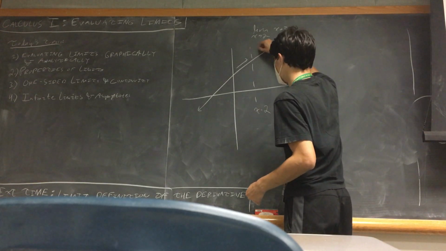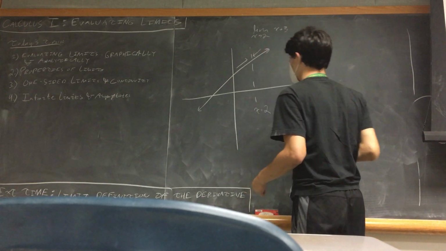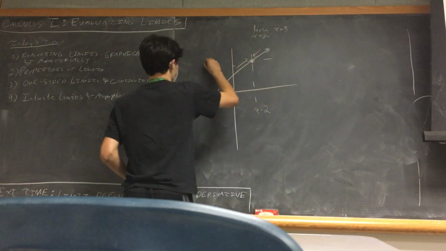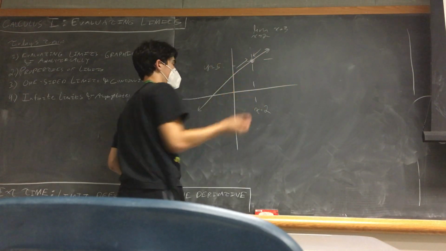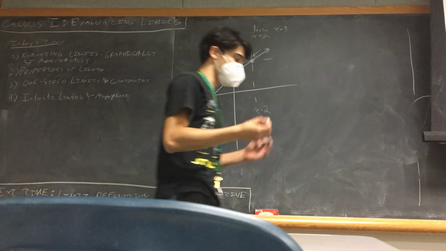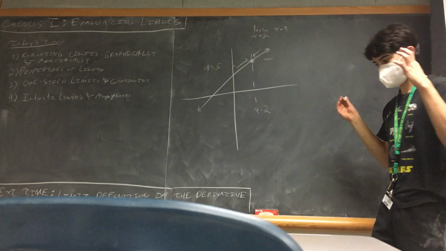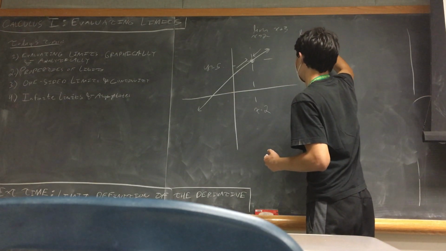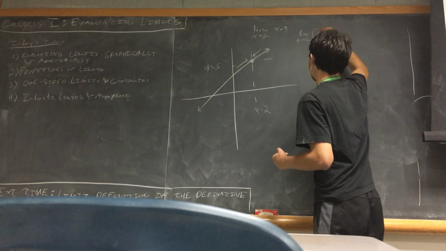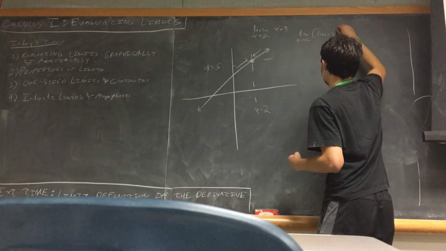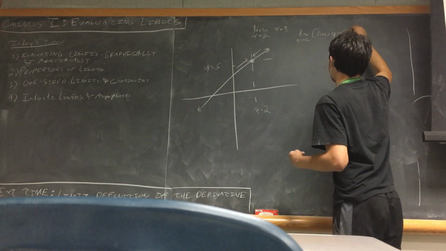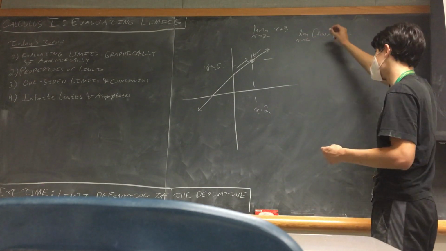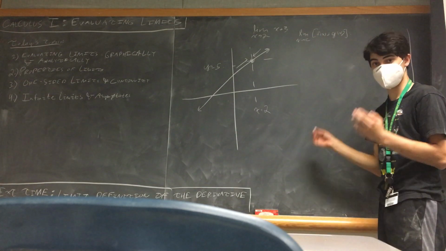Graphically from the left and from the right, this function looks like it is approaching y equals 5. So we saw from the addition of functions that limit as x approaches c of f of x plus g of x is equal to the limit as x approaches c of f of x plus the limit as x approaches c of g of x.